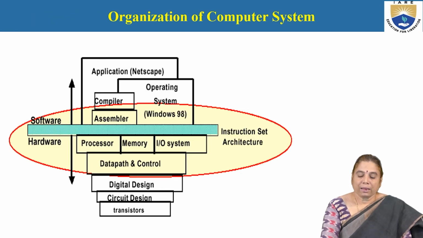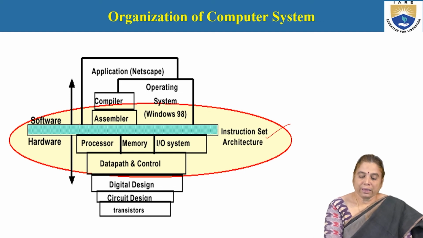So here whenever an application has the user interaction, with the help of operating system, compiler and assembler, it can be converted into the machine code, which can be taken by the instruction set architecture as an input and activate the necessary hardware below that: the processor, memory, IO system and all this circuitry.